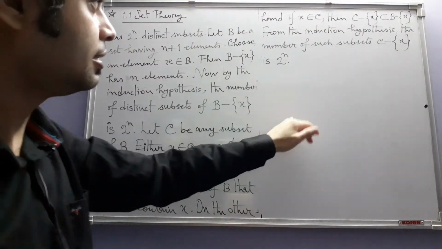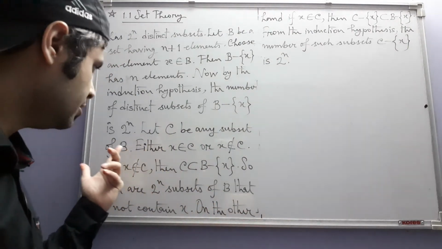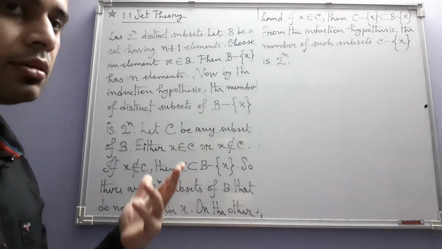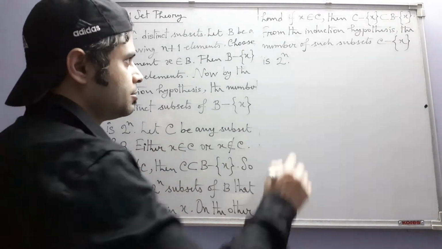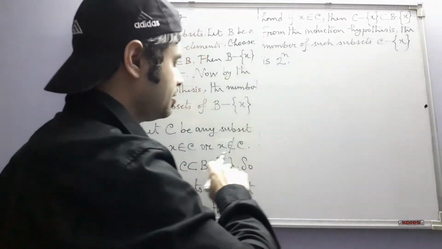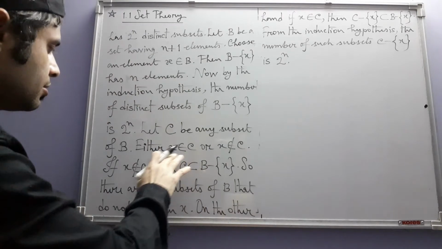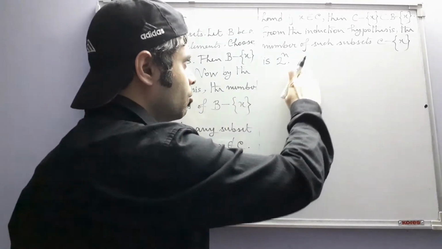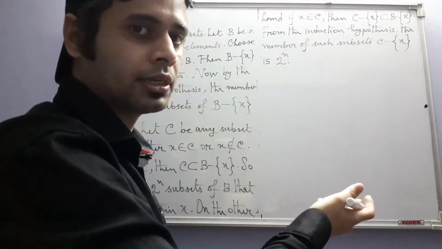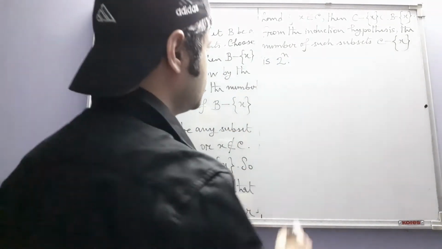So we are getting 2 to the power n subsets of B which contain x. Do we have anything additional? No. Why? Because if we get anything additional, any other subset of B that contains x, then that would create more than 2 to the power n subsets, which is not possible according to our induction hypothesis.